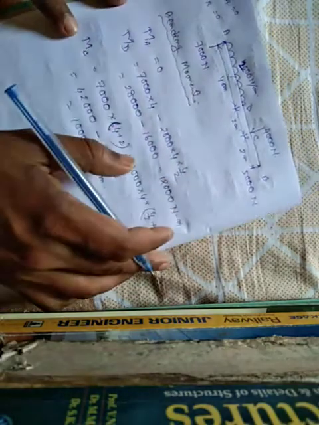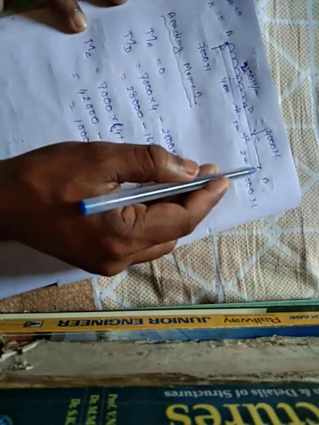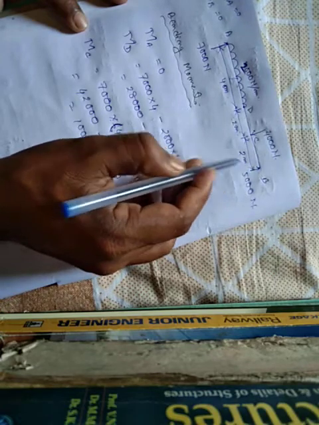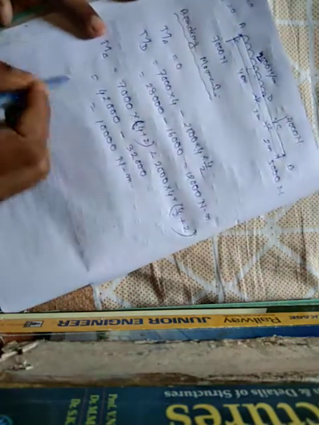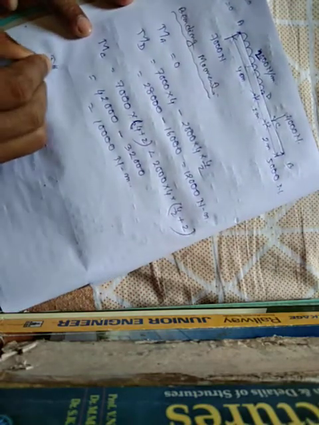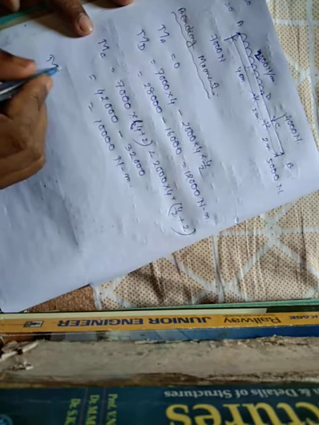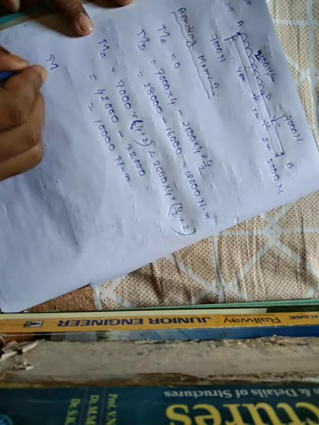Now bending moment at point B. Let me check whether it is 0 or some value.